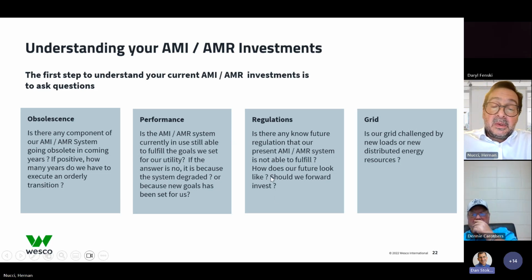And around this one, well, we'd love to be prepared for everything, but is it worth it? So sometimes a good question to make is, should we forward invest much more than we should because we have an opportunity and we are going to be better prepared for the future? So all valid questions.